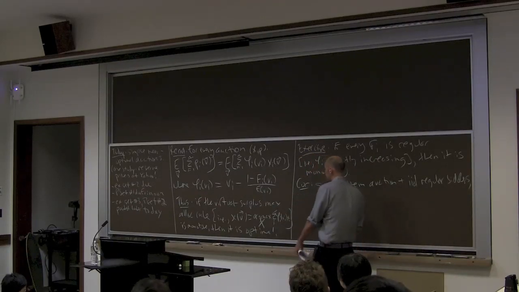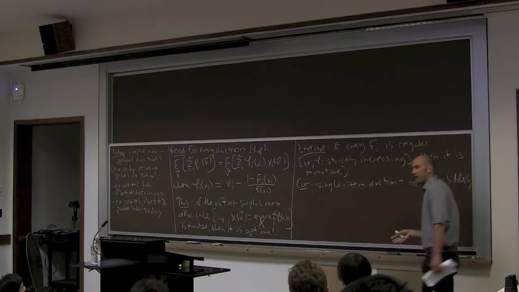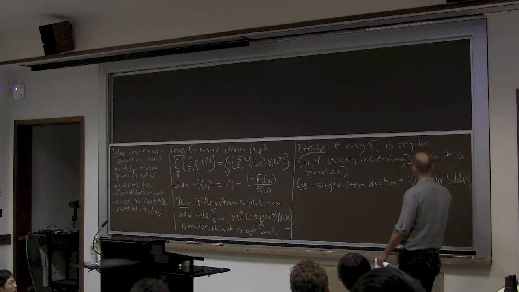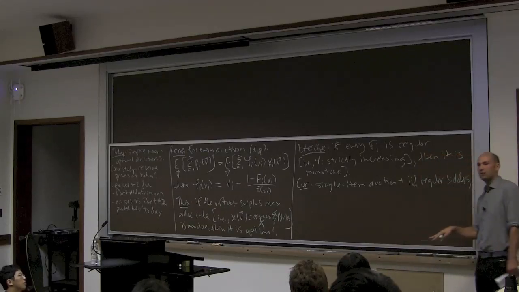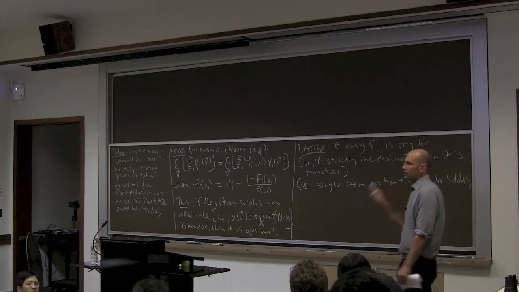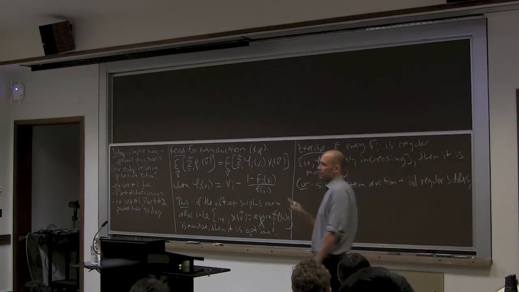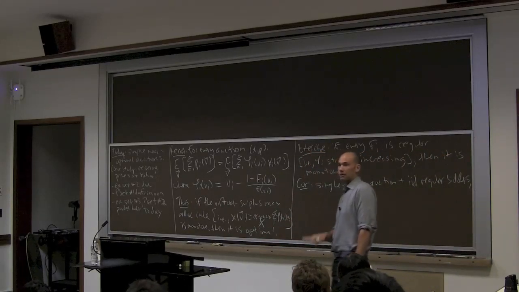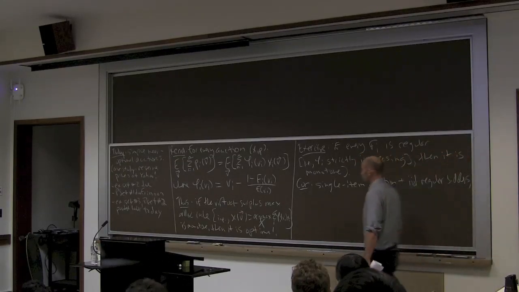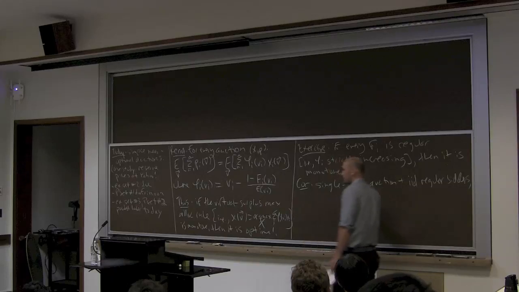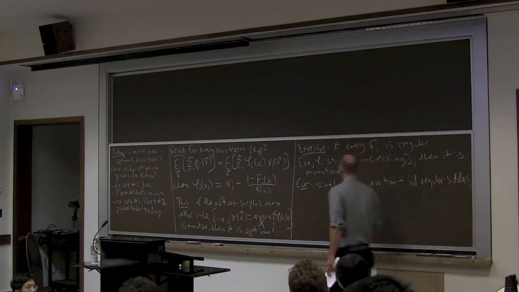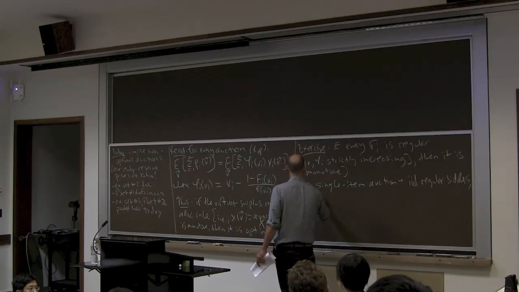To maximize virtual surplus, you give it to the bidder with the highest virtual value if there's someone with a positive virtual value. And by virtue of there being IID, everyone has the same virtual valuation function. By virtue of being regular, it's an increasing function. So the highest virtual value bidder is also the highest value bidder, i.e. the one chosen by the Vickrey auction. So if you actually think through what this rule looks like in this special case, it's an auction that we know and love, namely the Vickrey auction with a suitable reserve price.